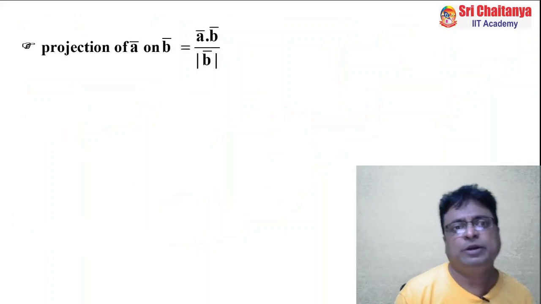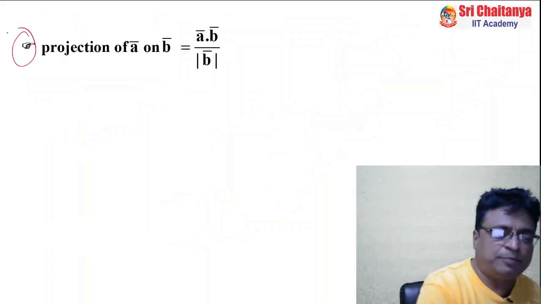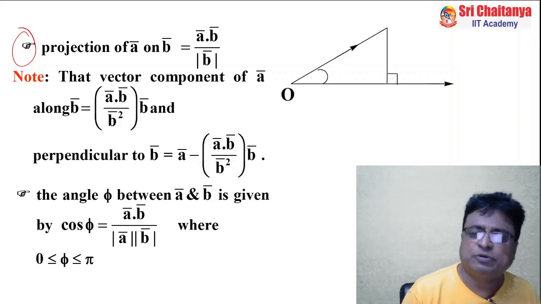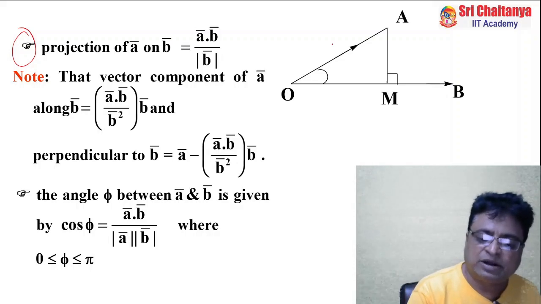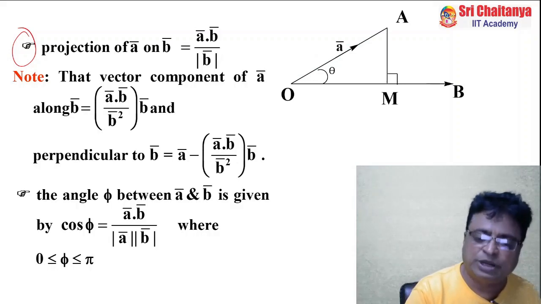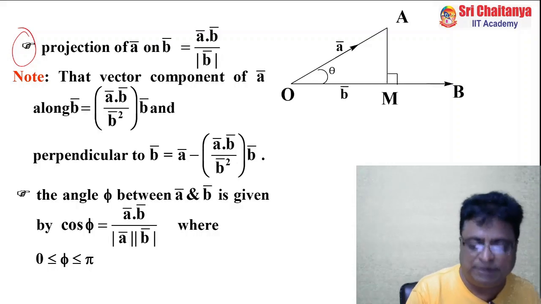Okay. Now coming to the most important area, projection of a bar on b bar. See my friends, suppose this is the origin O, and OA bar and OB bar are two vectors, and theta is the angle between OA bar and OB bar. Let OA bar equal to A bar and OB bar equal to B bar.